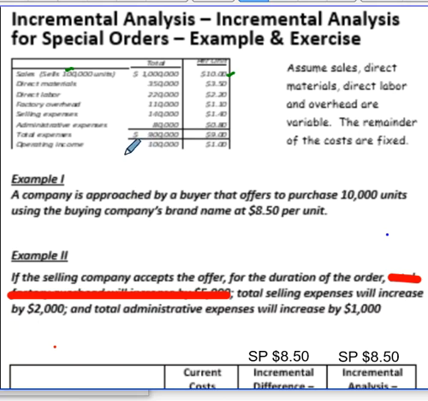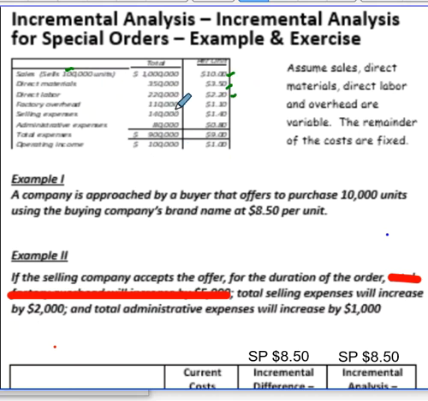So again, $350,000 of direct materials divided by 100,000 units equals $3.50 a unit. Okay, direct labor, $220,000 divided by our 100,000 unit volume means that our cost per unit would be $2.20.